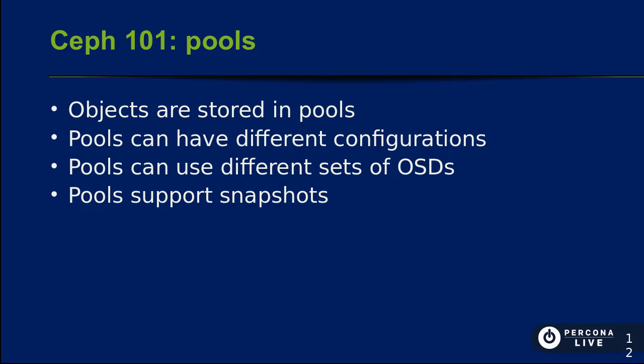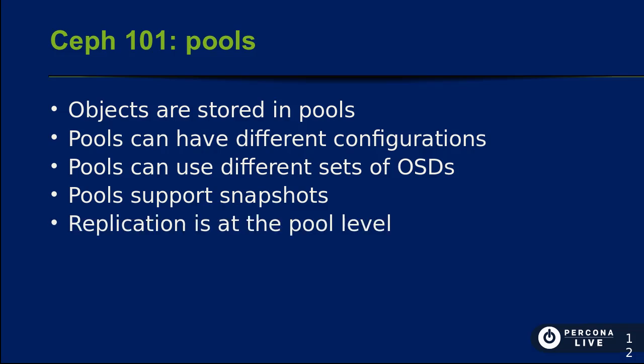A whole pool can be snapshot, although that's not common, except maybe for Rados directly. But you can snapshot and clone a pool. Clone? I don't know. At least snapshot. Replication is set at the pool level, so you cannot tell within a pool that one object is replicated only once.